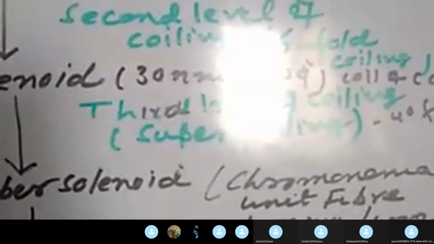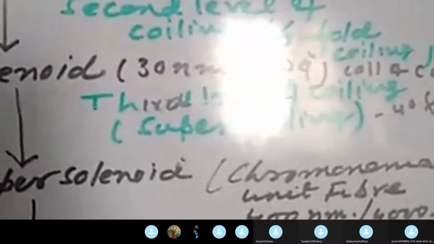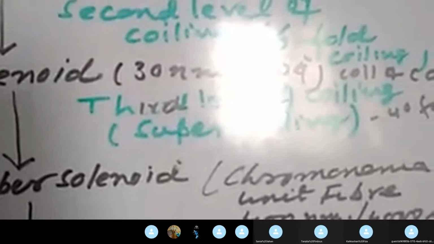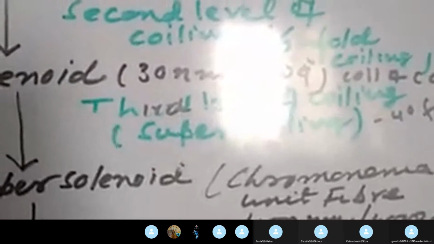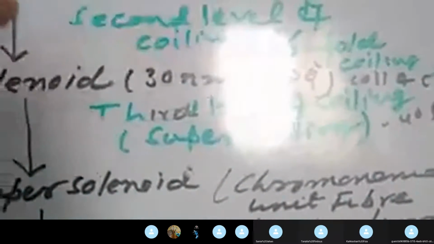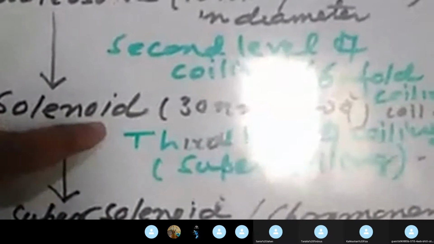You all know that histone protein is a basic protein because of the presence of basic amino acids. This nucleosome structure, which has a diameter of 10 or 11 nm, again undergoes a second level of coiling to form a structure known as the solenoid.